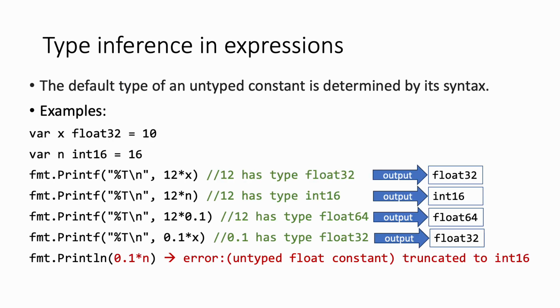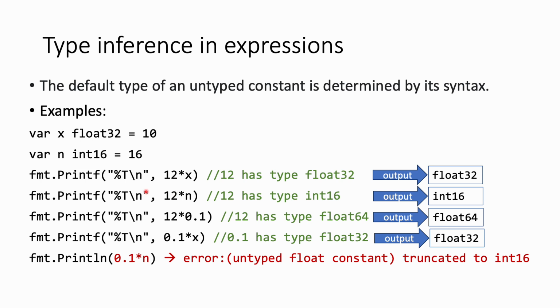Generally, the default type of untyped constant is determined by its syntax. An untyped constant can appear in an expression that involves arithmetic operations or comparison. In an operation between an untyped numeric constant and a typed numeric operand, the untyped constant gets the same type as the typed operand.